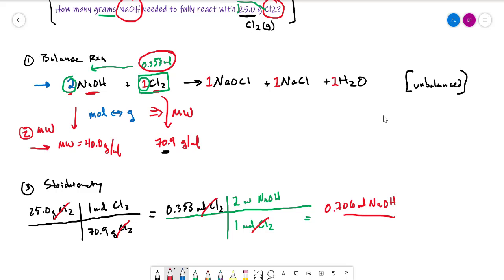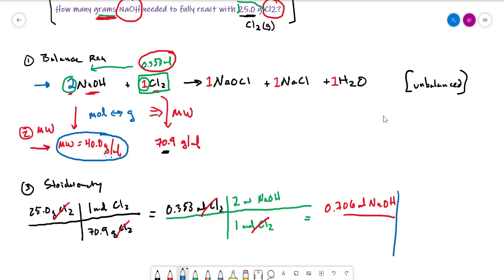That's not the final answer, because we're being asked, well, what mass in grams of NaOH, remember grams here of NaOH, do we need to fully react with these 25 grams? We know that that's 0.706 moles, so what's the last piece of information that we need? Well, we already have it, right? We just need that last conversion factor, which goes between moles of NaOH and grams of NaOH. That's the molecular weight.